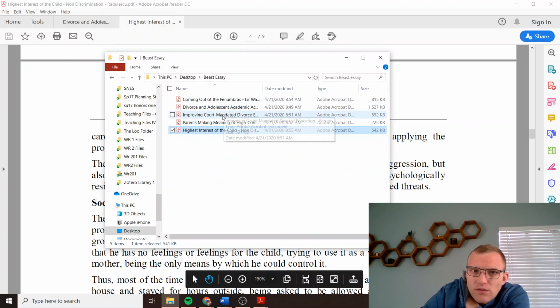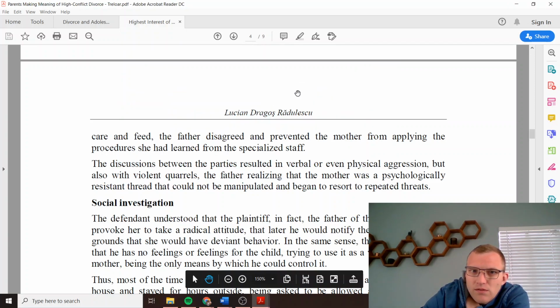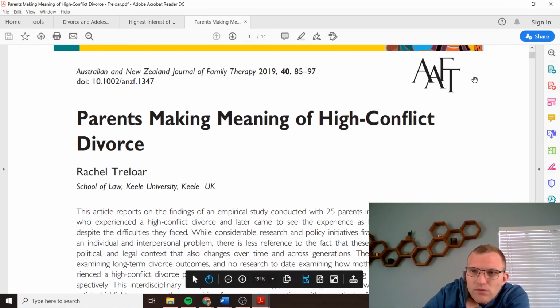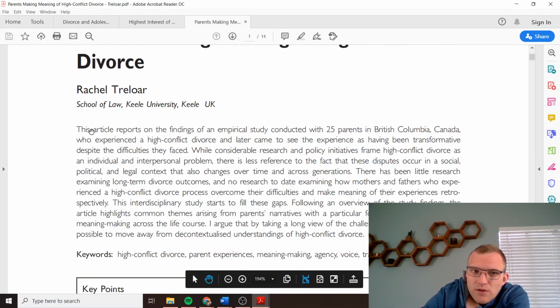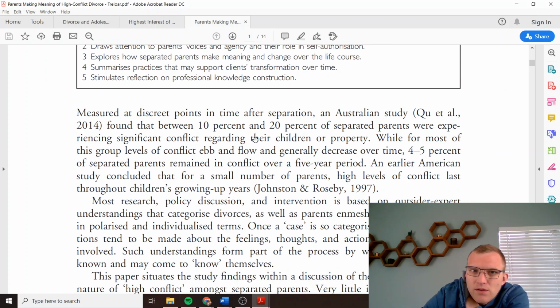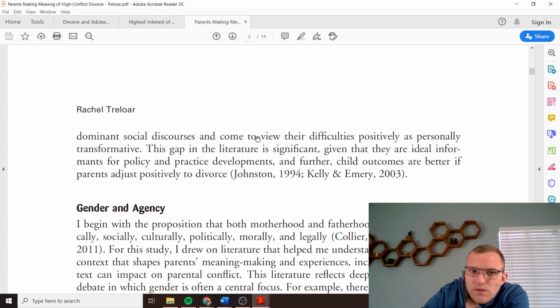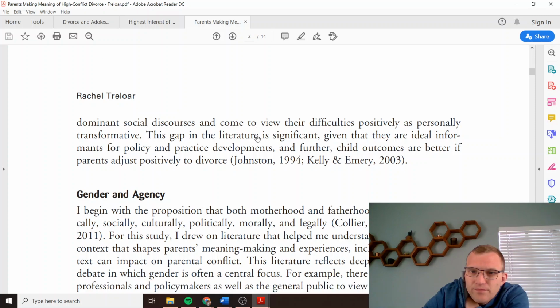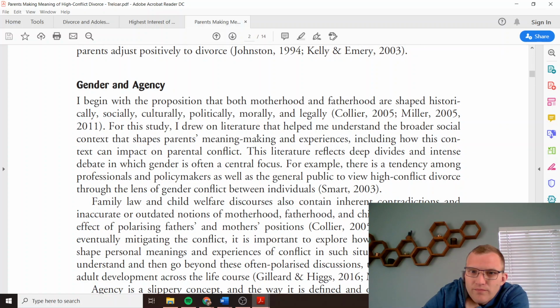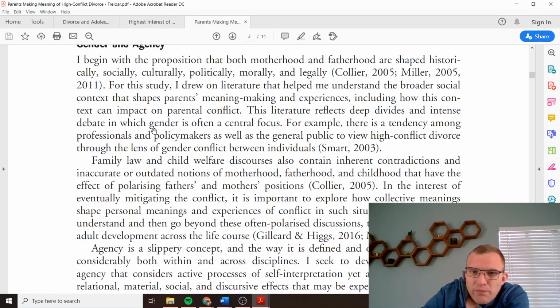Let's see. Do a little bit more over here. So here's this article's abstract. There's their intro. Here they're going through some background on gender.